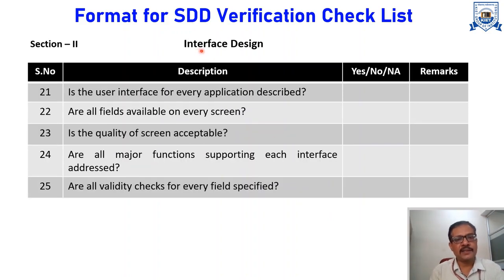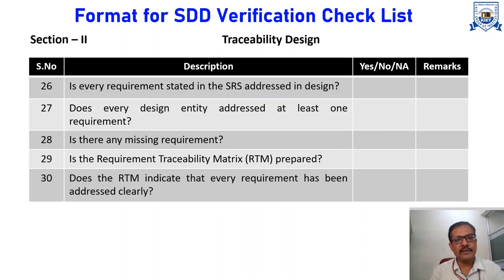Under interface design, the questions may be: is the user interface for every application described? Are all fields available on every screen? Is the quality of screen acceptable? Are all major functions supporting each interface addressed? Are all validity checks for every field specified? This is the way we may frame questions before we go for the SDD verification.